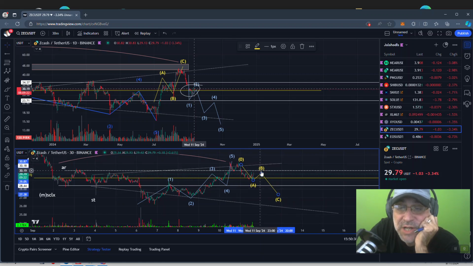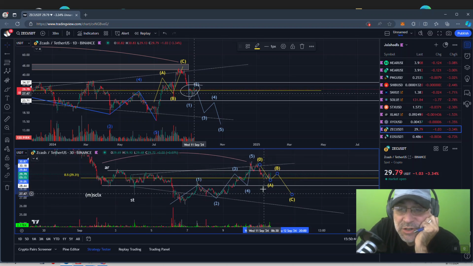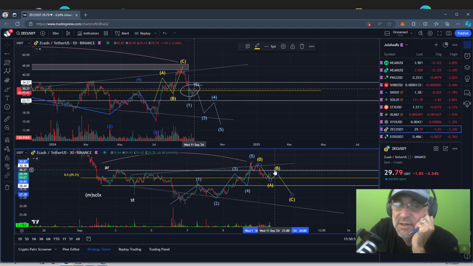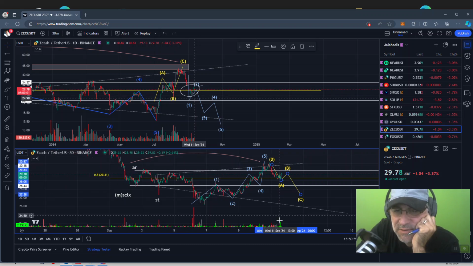And so if we get rejected here, that means we're going down to a C to continue this wave down. So when you see a lot of volume but little price action, like in this case demand, really large demand spikes but not a lot of upward momentum, it's ultimately a sign of weakness. It means that there's no value. There's a lot of bidding going on.